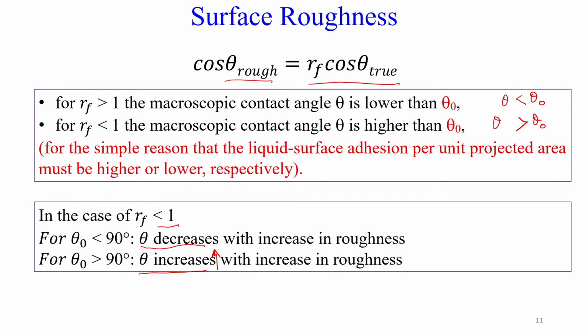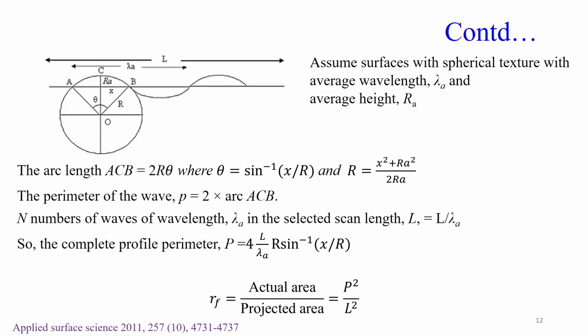So, we can say again there is an effect of roughness, but the effect of the roughness factor is again dependent on the initial value of the surface wettability. If it is hydrophobic, it is going to behave differently. If it is hydrophilic, again it is going to behave differently.